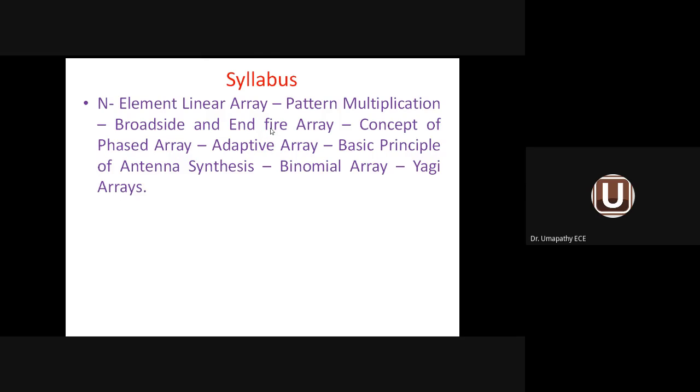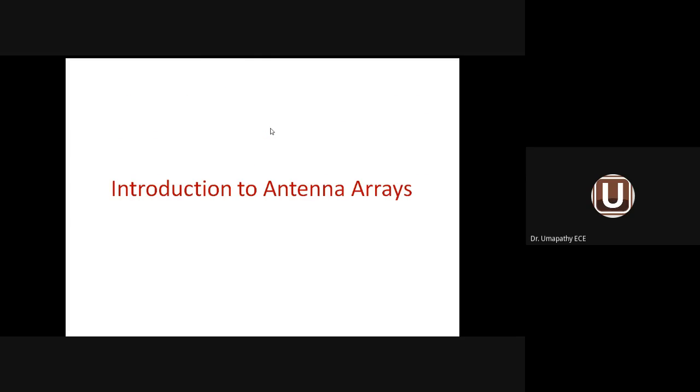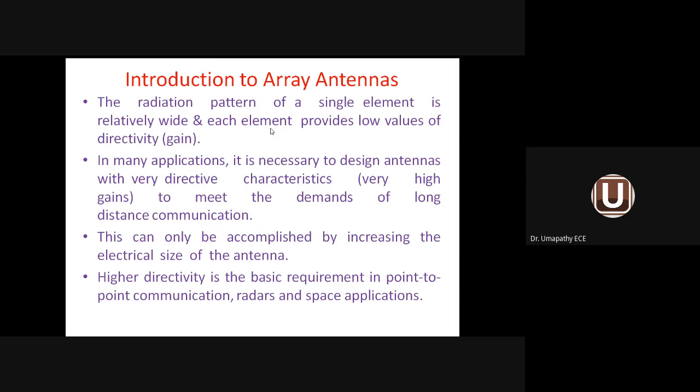But before going to those topics, let me give a brief review on the previous lecture. Every day I want to give an idea about the previous lecture so that the distance between you and the subject will be very closer. So, introduction to antenna array. Why should I go for an antenna array? Because I am not satisfied with a single antenna element whose gain and directivity is very low.